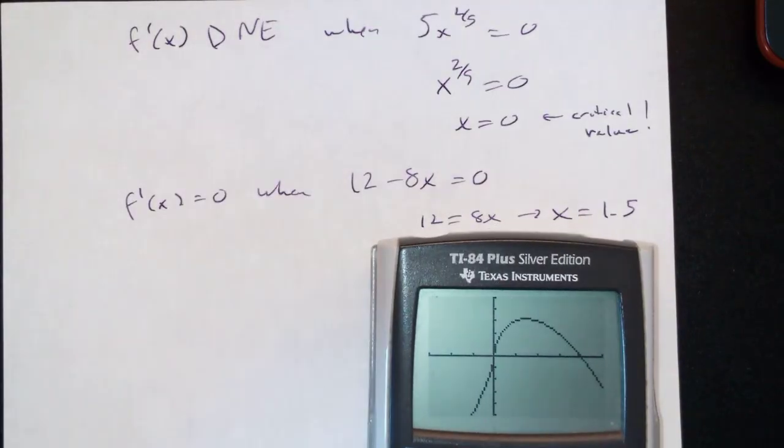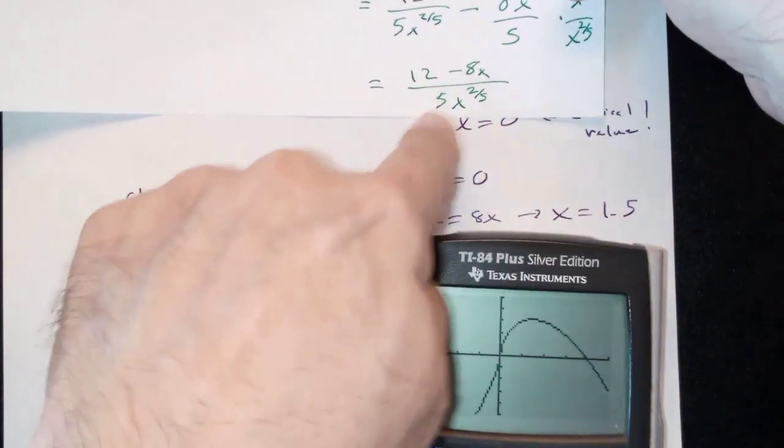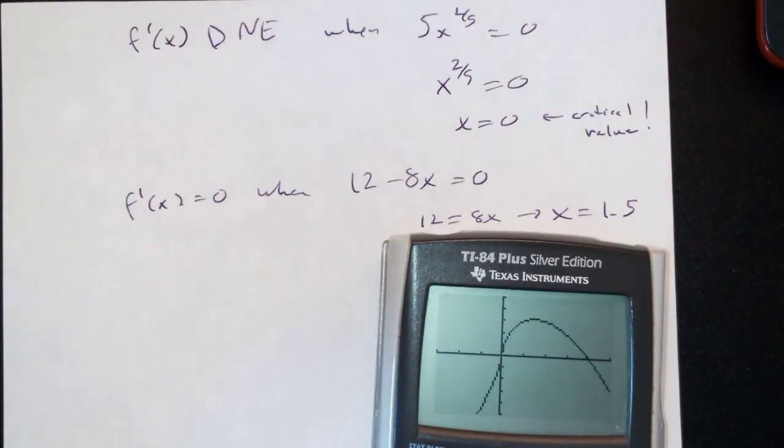If the derivative doesn't exist, either I have a jump, a hole, a corner, or a vertical tangent line. Those are the three things. Remember the picture on the first exam where I said, tell me where it's continuous and where it's differentiable? I'm stealing that one. The bottom was equal to 0 there. Remember, my derivative was a fraction. Fractions are undefined when we divide by 0. If the bottom is 0, my fraction is undefined.